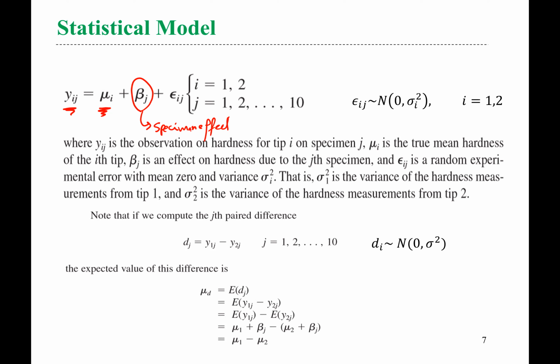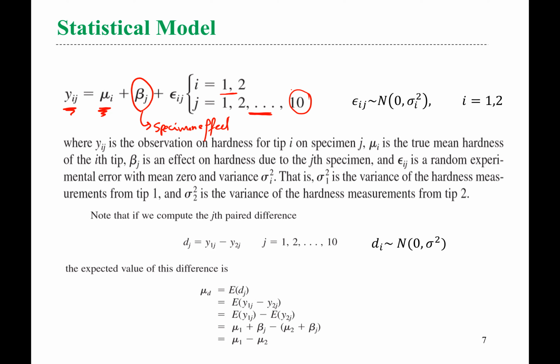Because we need to take some variability due to differences between the specimens. And i is still from 1 to 2, j is from 1 to 10. It is not ni because they have the same number of values. So the first group has 10, second group has 10.